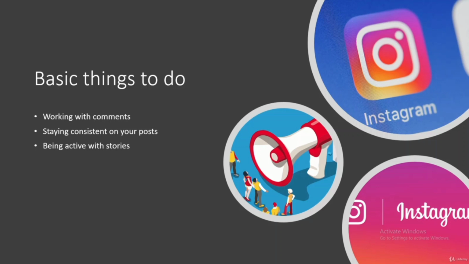I didn't say working with likes, but it's pretty much the same thing. When you comment on a picture and like a picture, the person will see that you liked and commented. The person will necessarily look at your account, and if you're lucky, the person will follow you. This is a way to grow your following base, which is pretty cool.